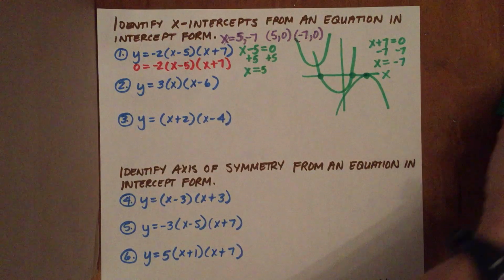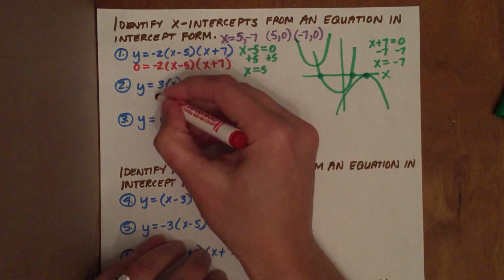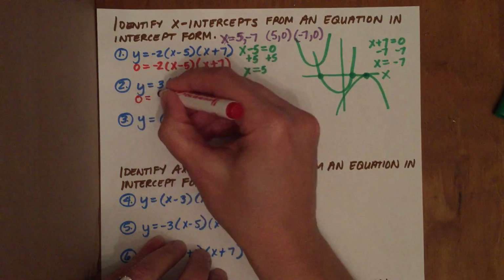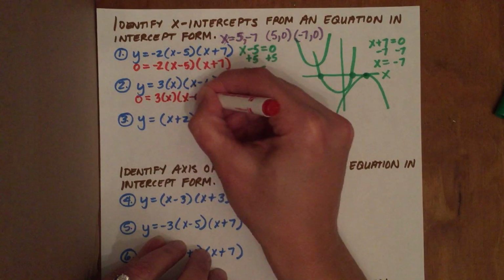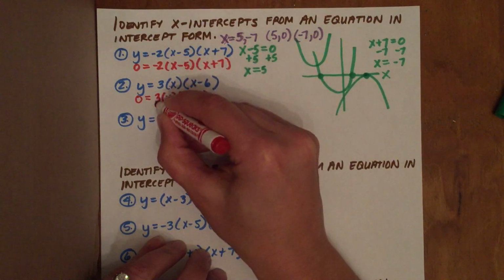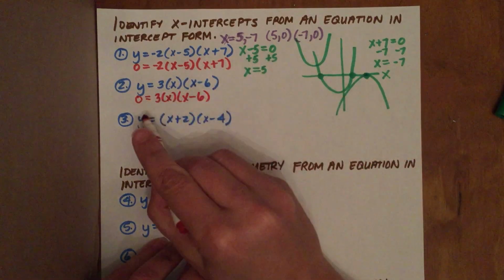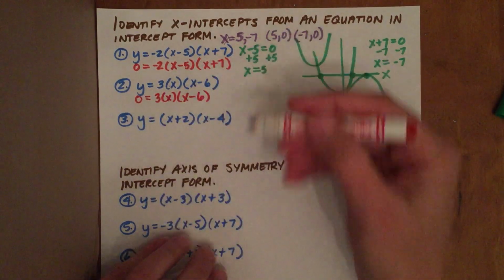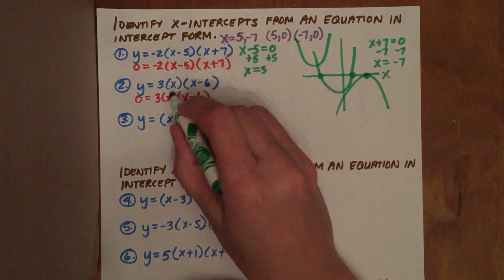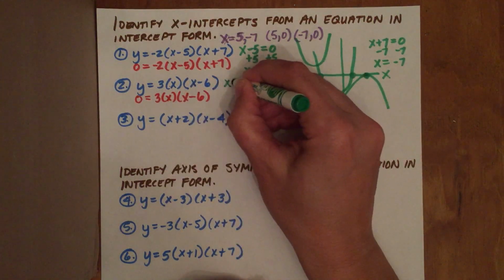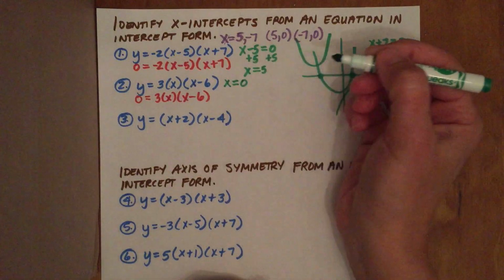So let's look at number 2. We have the same thing. We're going to set the equation equal to 0. And don't worry about the constant in front, the 3, because we can't do anything with that. So now we have 2 factors, except now our factors are x and x minus 6. What makes x equal 0? Well, that one's easy.